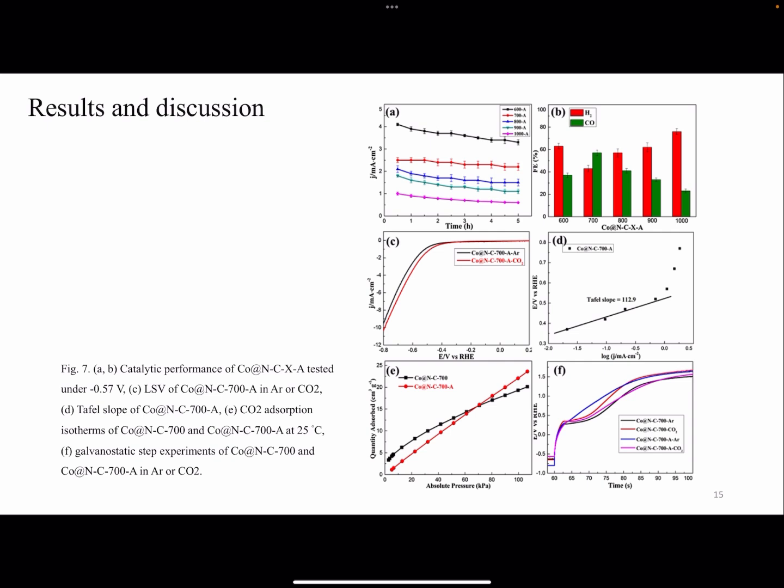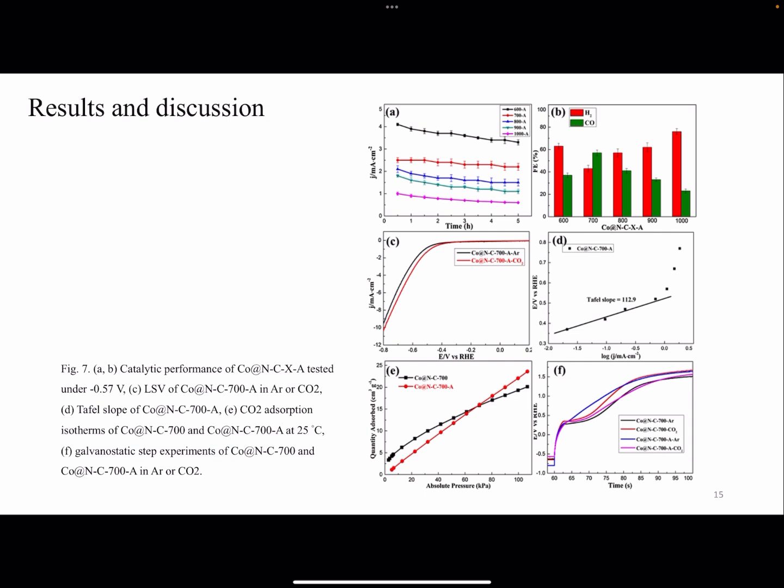And this confirmed that by removing the surface cobalt, we have successfully improved catalytic activity for the CO2 reduction. And the Tafel slope decreased to 112.2, indicating a faster first electron transfer to CO2.